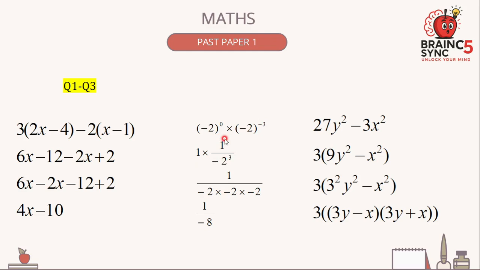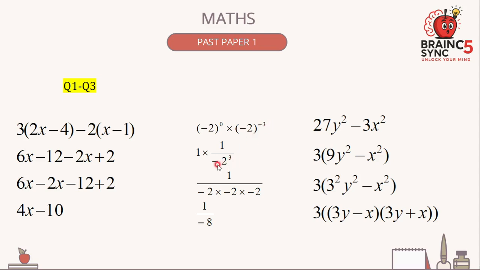Now, the next stage, we have a negative power. The rule of the negative power states that you either reciprocate if it was a fraction, or introduce a 1 over, which removes the negative sign.